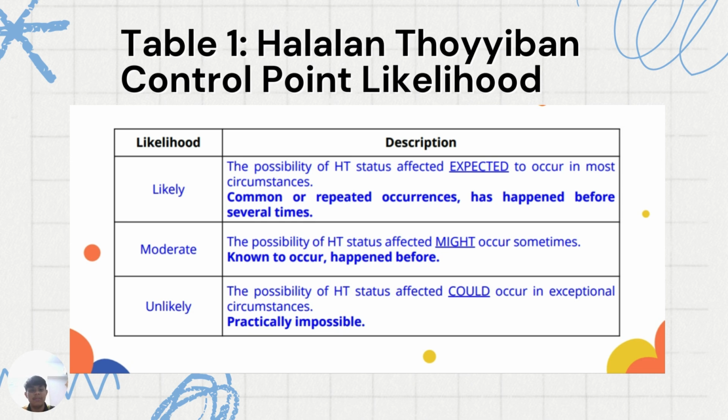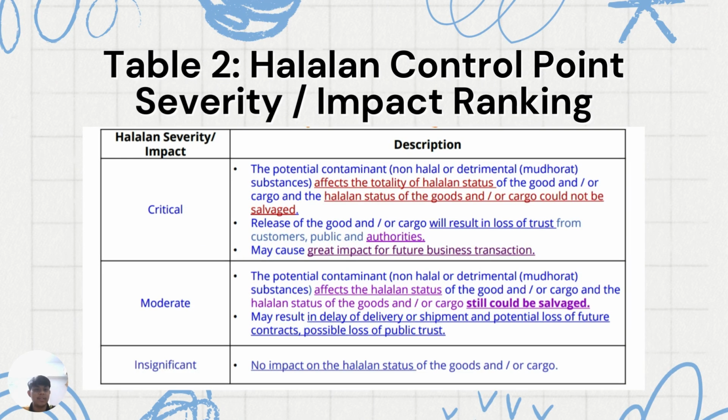The possibility of halal thoyyib status being affected could occur in exceptional circumstances, which in other words is practically impossible. But we must believe and know that in industry there is nothing impossible. Anything can happen. So we must take it seriously and always be safe.